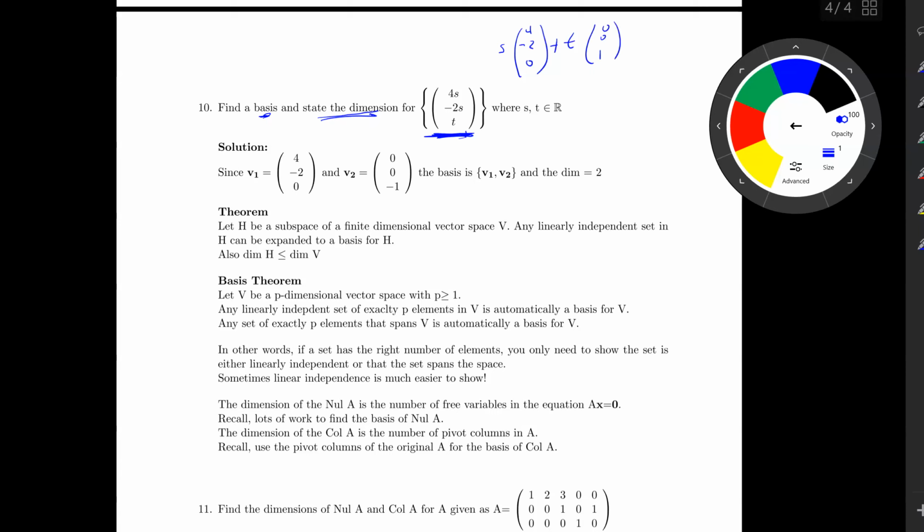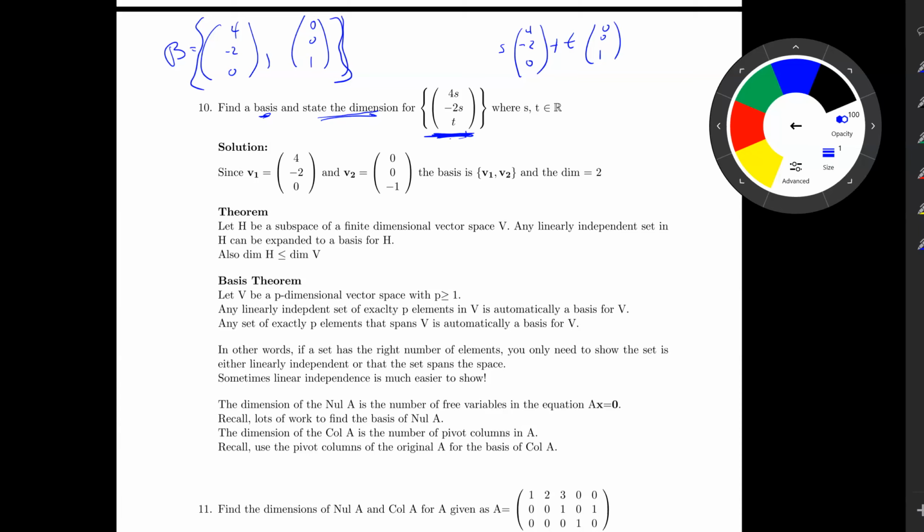This set, they didn't even give it a name, but let's call it B, will be 4, -2, 0, 0, 0, 1. So this would be the basis for this set of vectors.